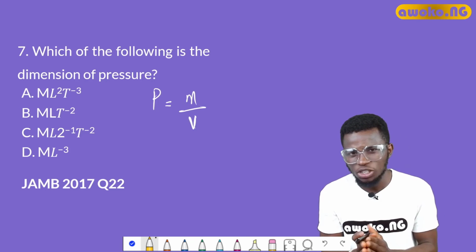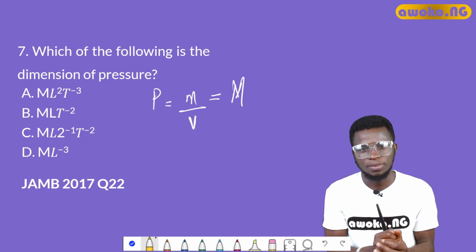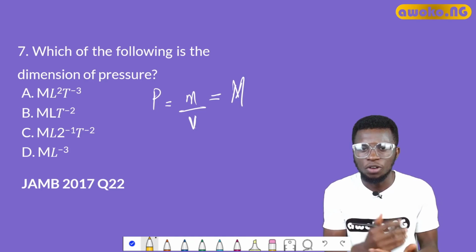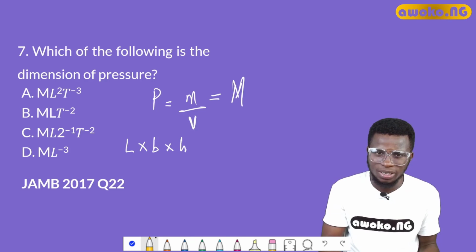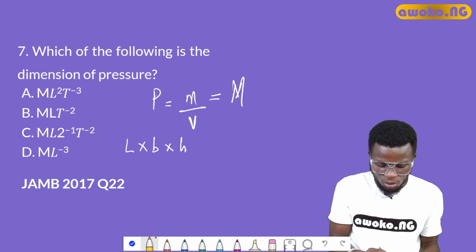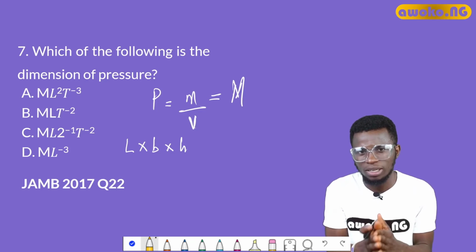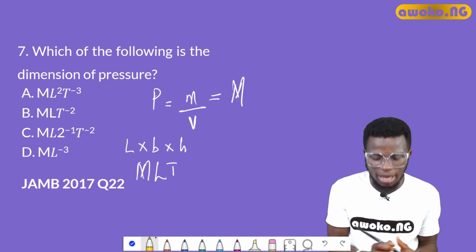And we said dimensionally, mass is capital letter M and V is volume. Volume measures the length, the breadth, and the height of a particular solid. So we have to relate length, breadth, and height to the three fundamental quantities, which are mass, length, and time.